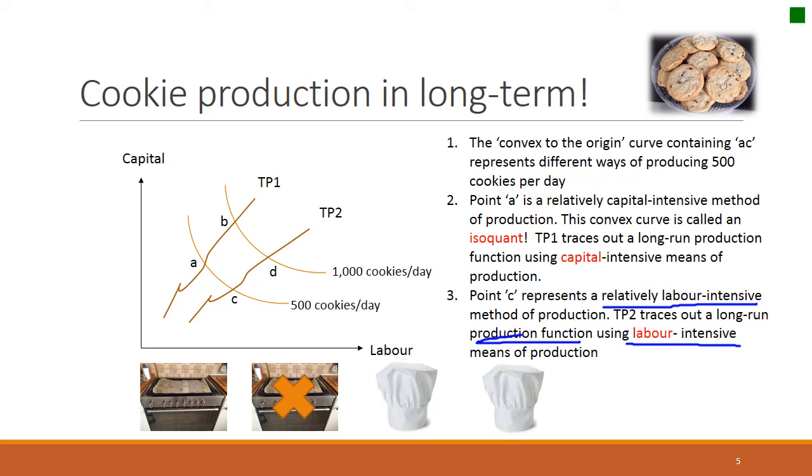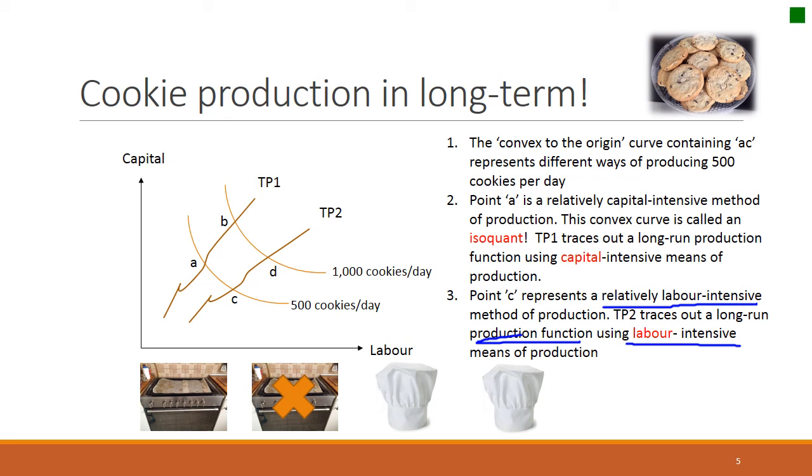Point A over here is a relatively capital intensive method of production. TP1, that we're going to see in a minute, traces out a long run production function using capital intensive means of production.